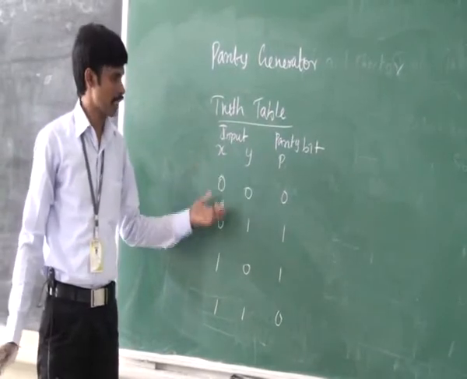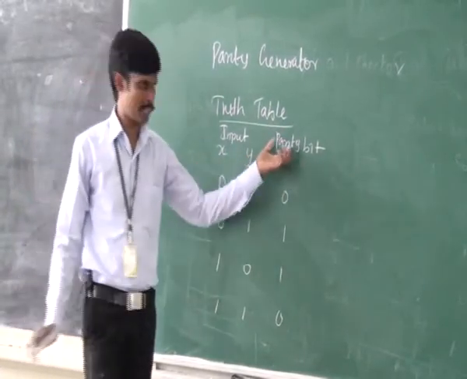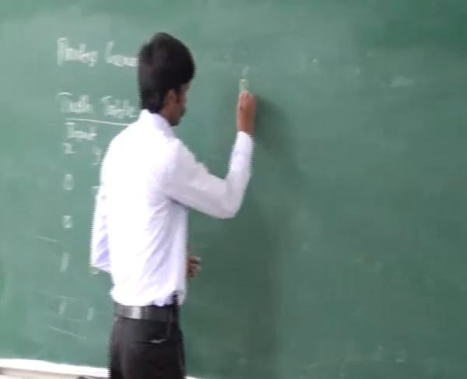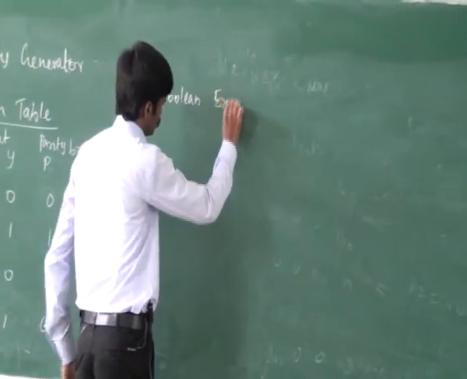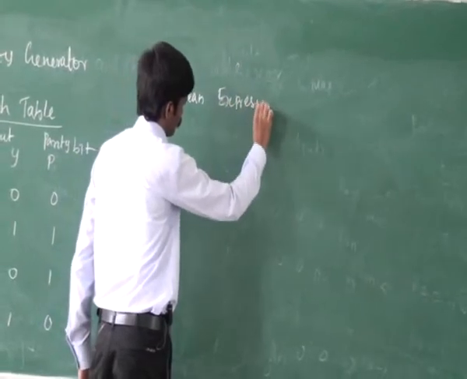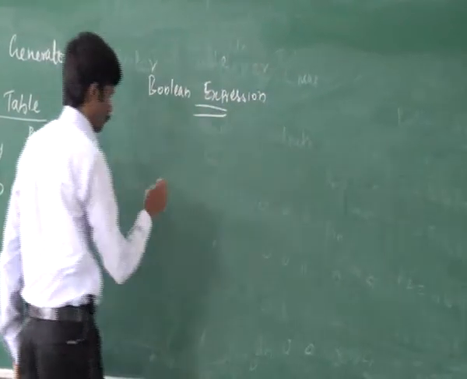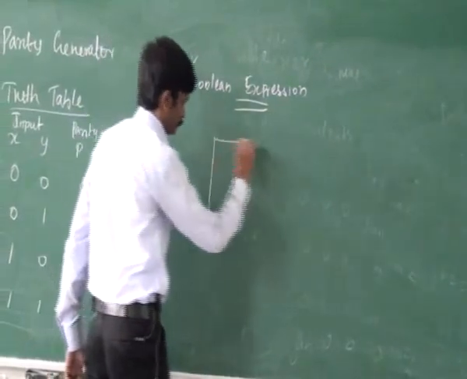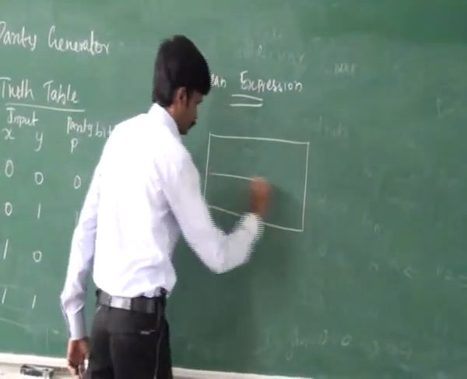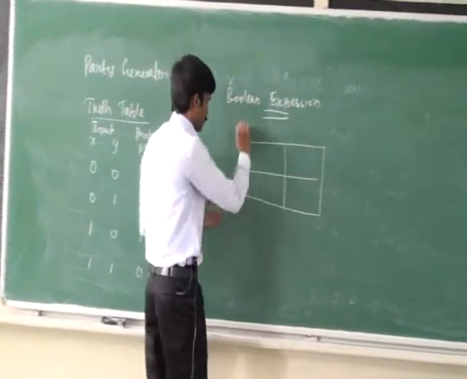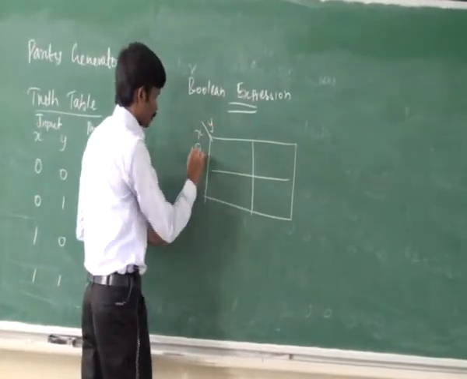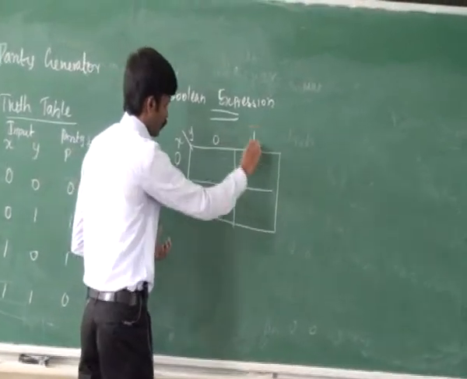Then from this truth table, let us derive the Boolean expression for parity bit. Here we have 2 input variables, so we need a 2 variable K map. X, Y are the inputs 0, 1, 0, 1.